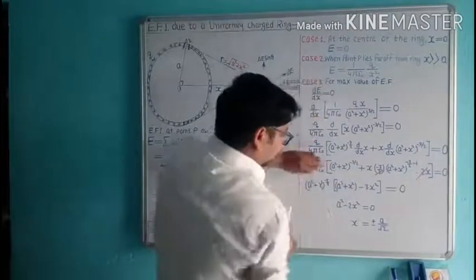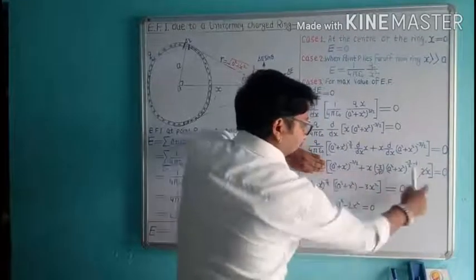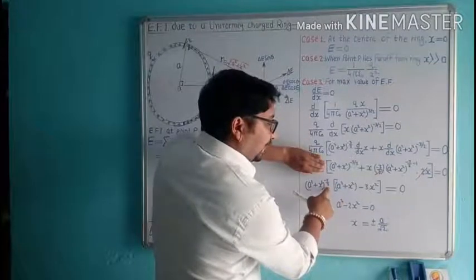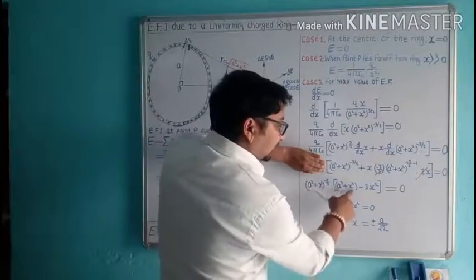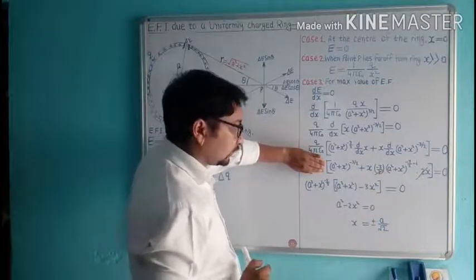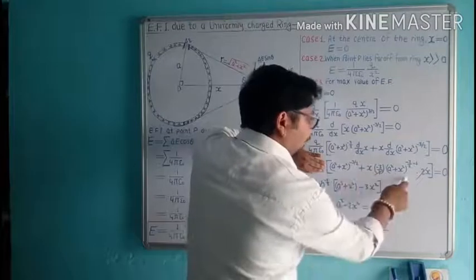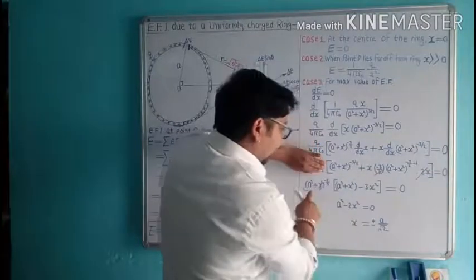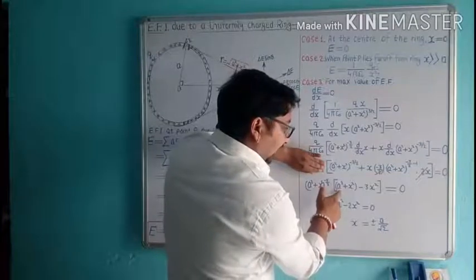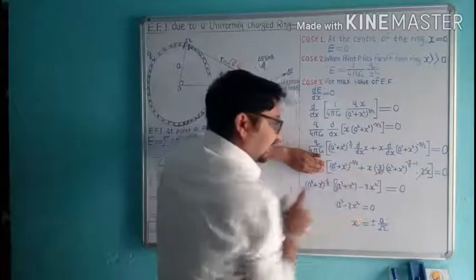Now in this term, which must be 0, take (a square plus x square) to the power minus 5 by 2 common. We will get a square plus x square minus 3x square.